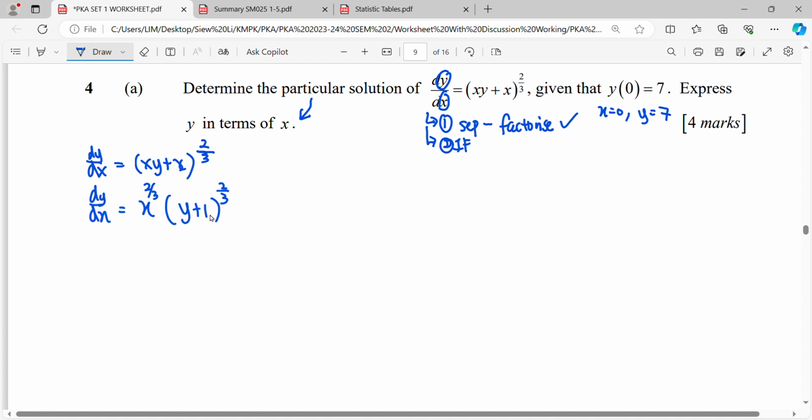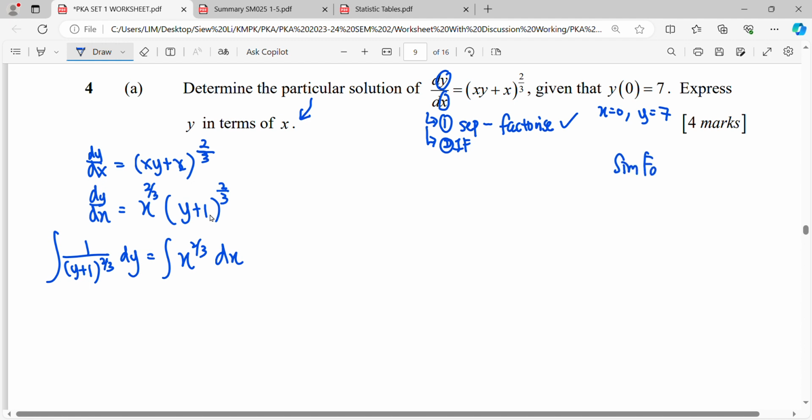So how to separate them? Factor of y goes to the left hand side. Then the dx goes to the right hand side. Then we integrate both sides. To integrate this, start back the concept of integration: simplify, formula, technique.